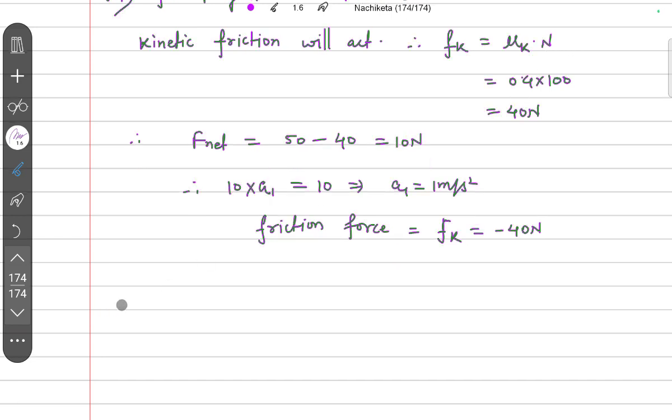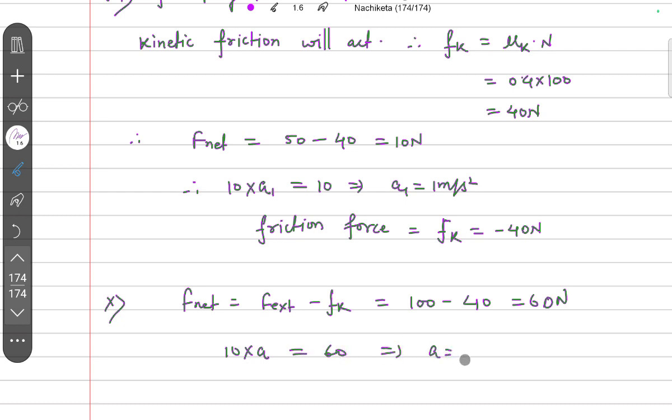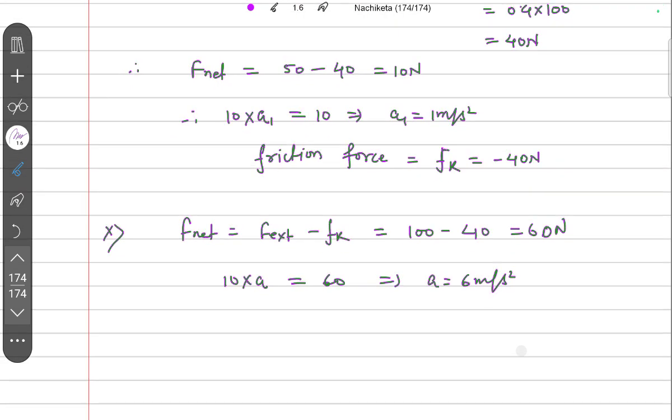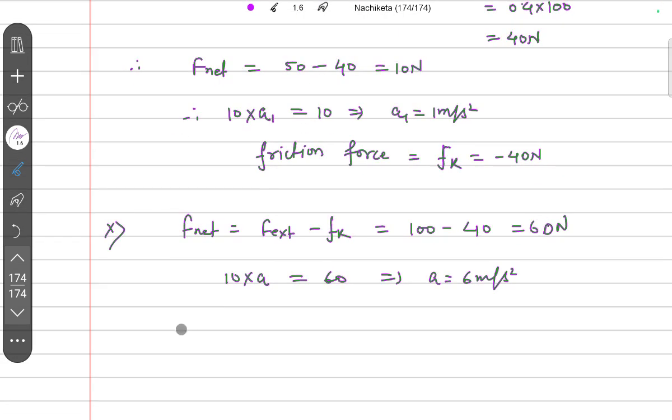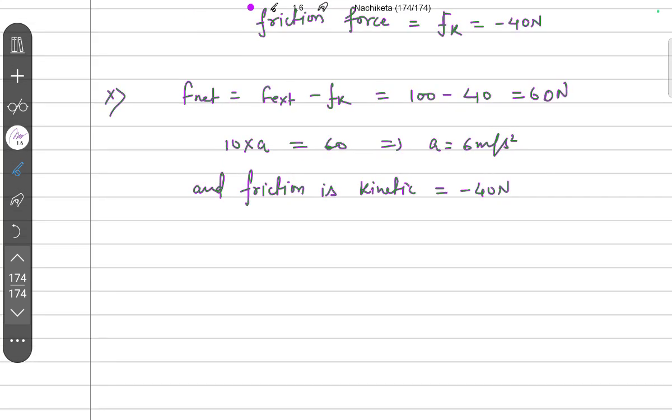So one more I will do. Just the last one. Again, the minus sign is just showing the opposing direction.